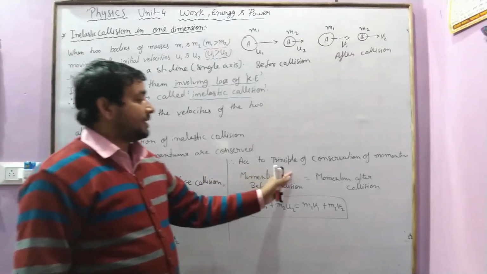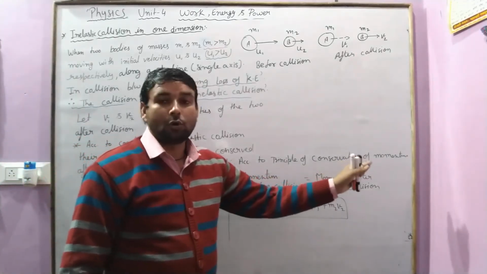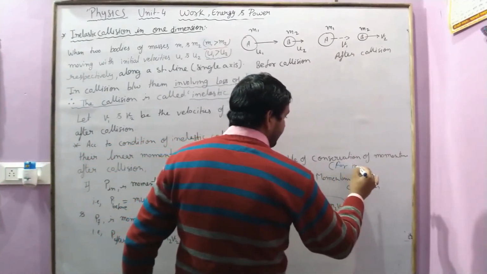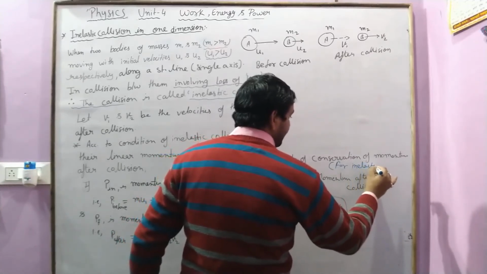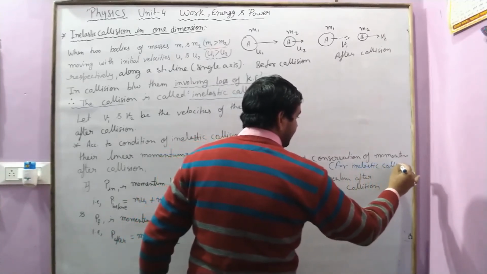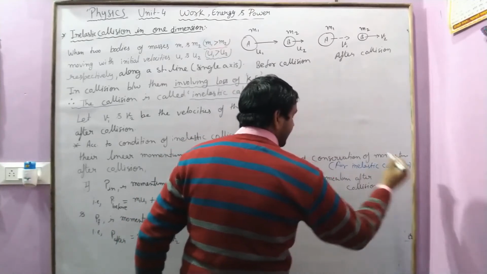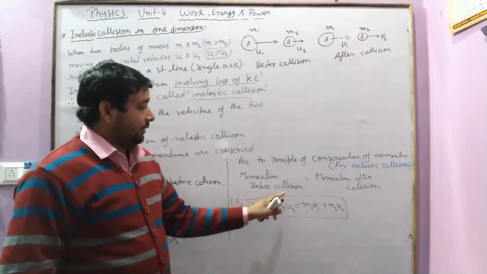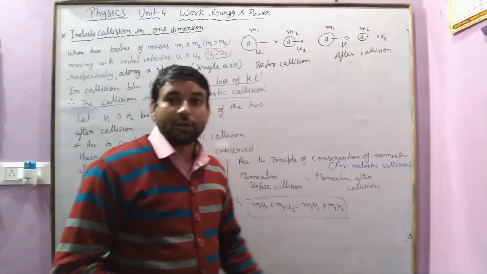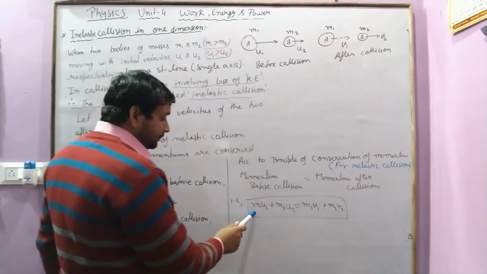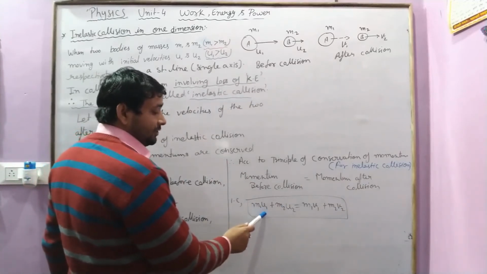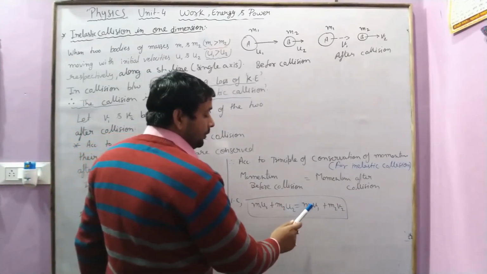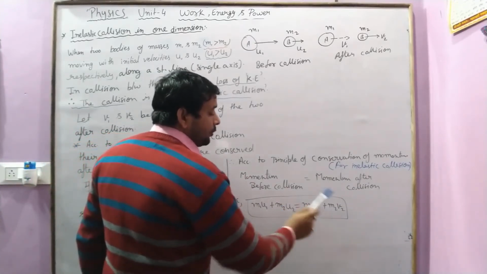Now according to the principle of conservation of momentum for inelastic collision, momentum before collision is equal to momentum after collision. Therefore m1 u1 plus m2 u2 equals m1 v1 plus m2 v2.